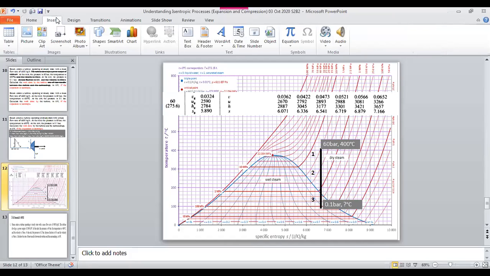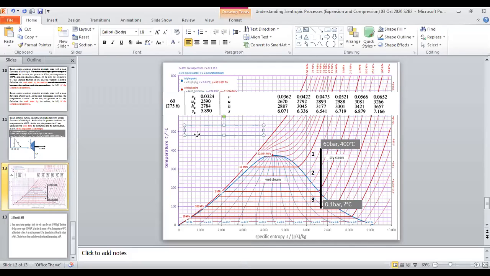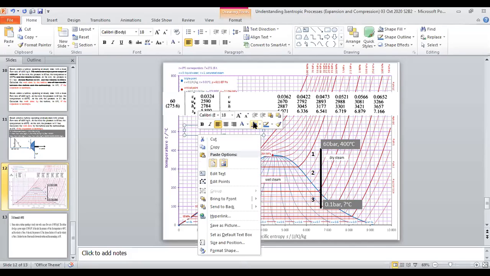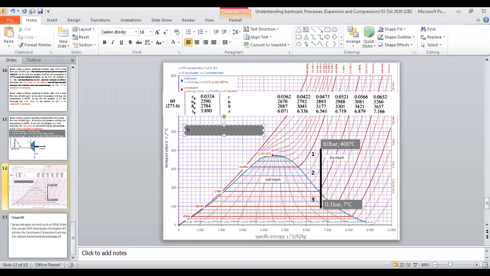So let me put a text box here. H1 is 3177 kilojoule per kilogram.